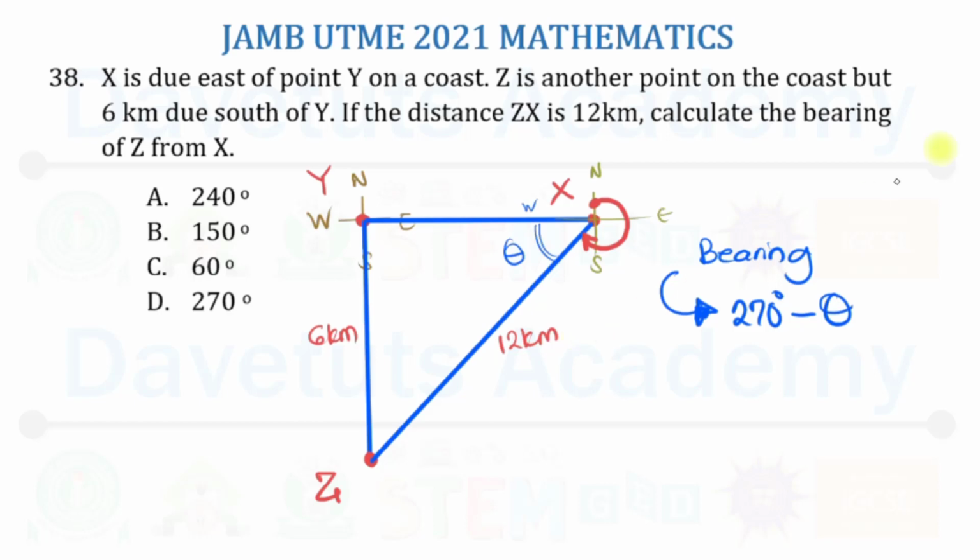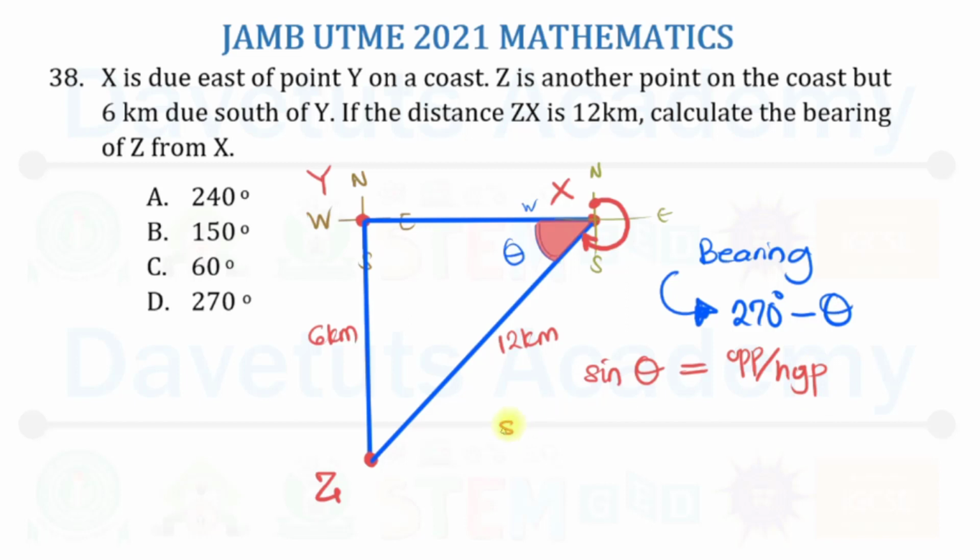So we already have a triangle we're trying to solve. We have the sides, which is sufficient. From the diagram, for this angle of interest, 6 is opposite to it, and 12 is the hypotenuse. And we know that sine theta is opposite over hypotenuse.